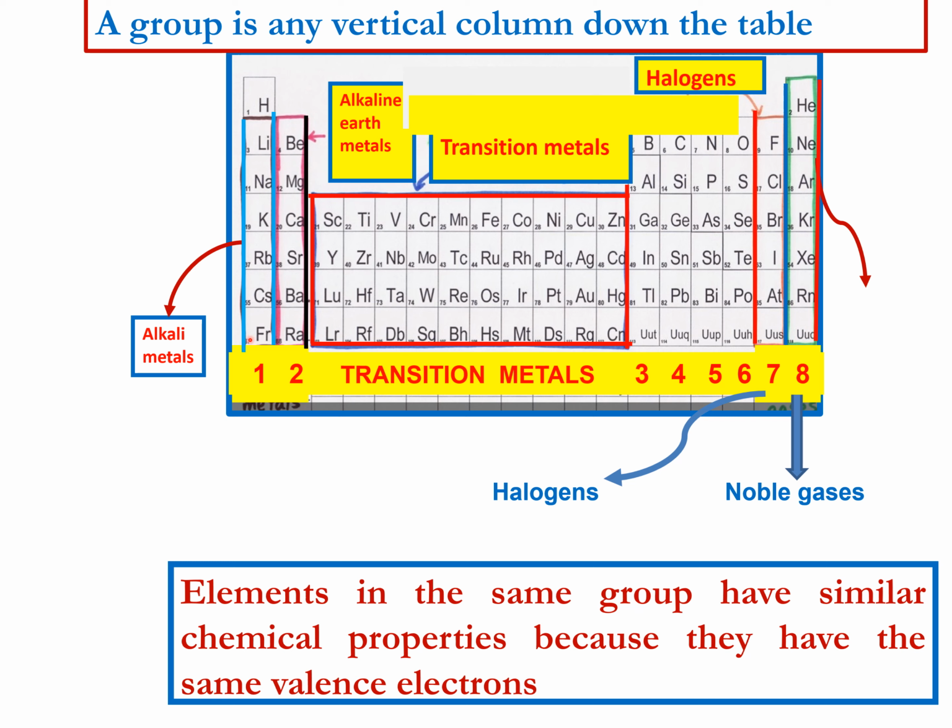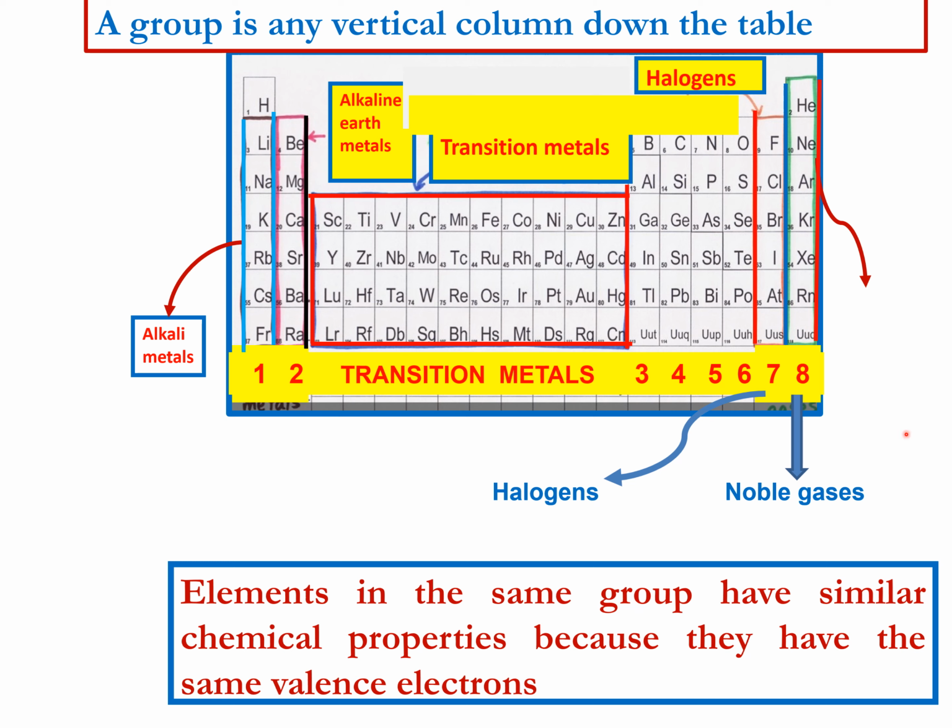Group 1 elements are called alkali metals. Group 2 elements are called alkaline earth metals. These are known as transition metals. Group 7 elements are called halogens.